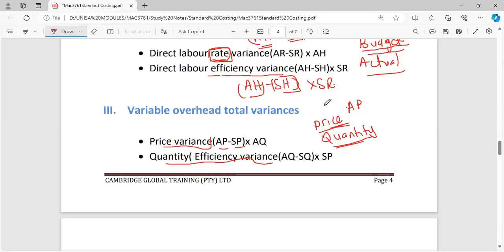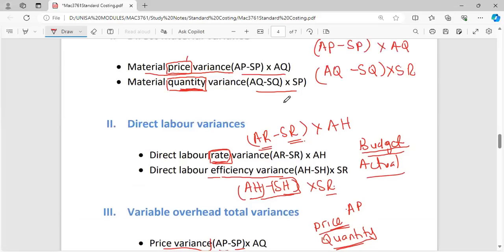How do we come out with that difference? You are saying that in the quantity variance we use the standard rate, and in the price variance we use the actual quantity. That's your question, right?